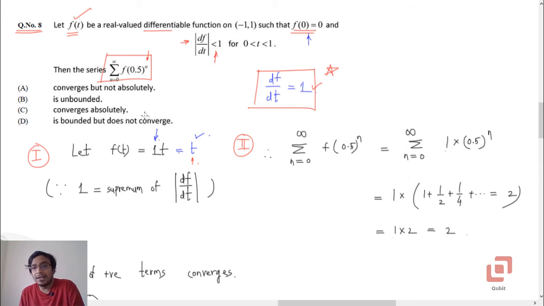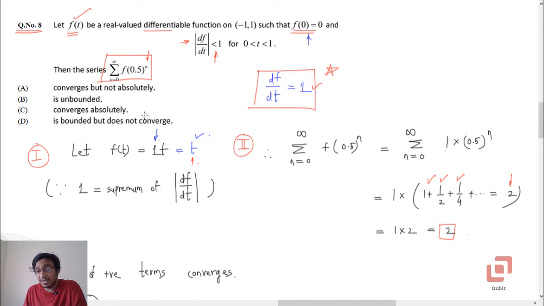It is summation n going from 0 to infinity 1 into 0.5 raised to n, because it is f of 0.5 raised to n, and this being an identity function, it has to be 0.5 raised to n. Okay, so what is it? N starts from 0, so 1, then 1 upon 2, then 1 upon 4 and so on. Now this is a geometric progression. Yes, first term 1, common ratio 1/2. If you determine its value, it will be 2.